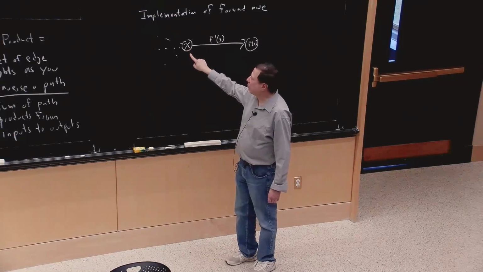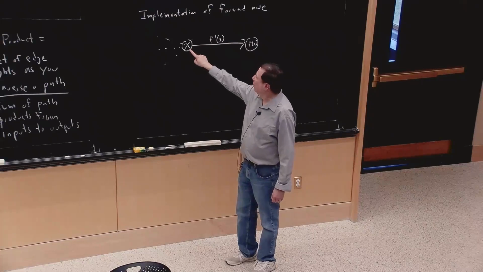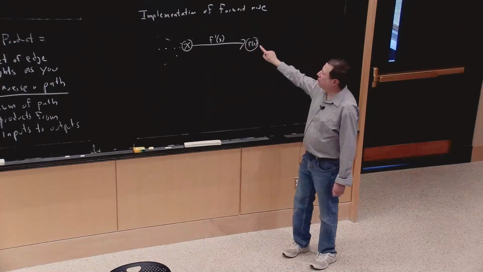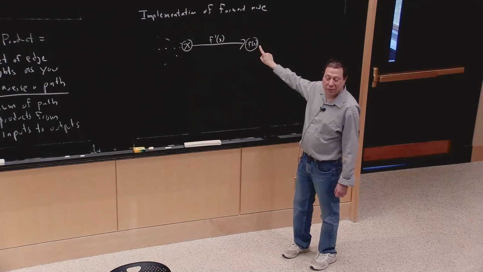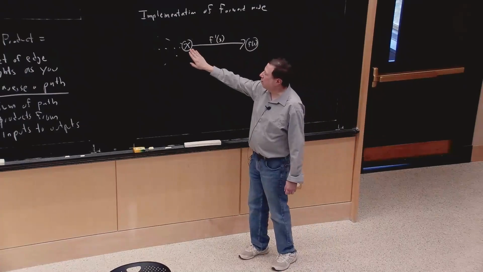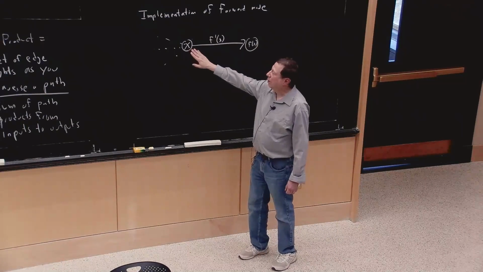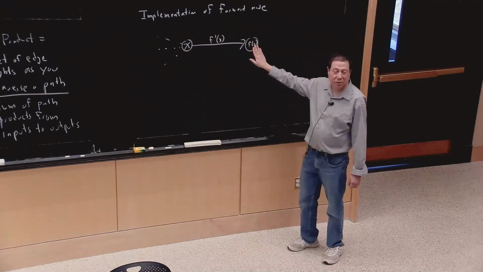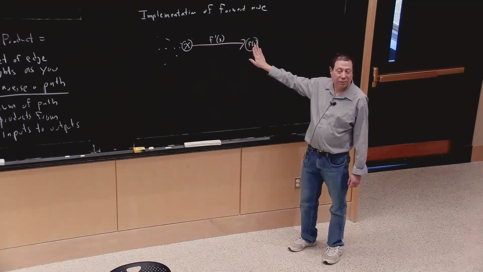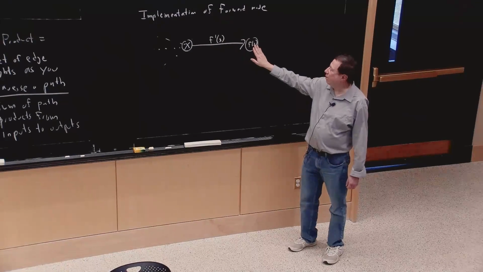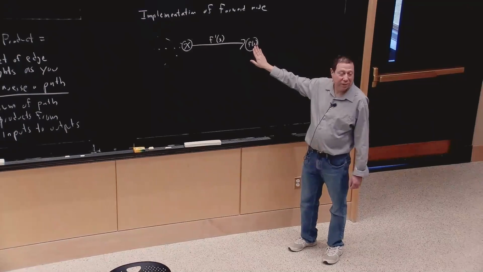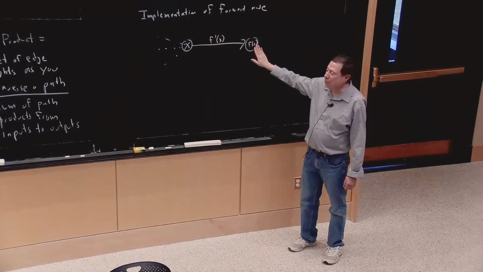So if I knew the path product up to here and I was going forward mode, what's the next path product? Suppose I know this path product. Let's call it P for product. What's the path product here? Exactly, it's f prime times the previous.